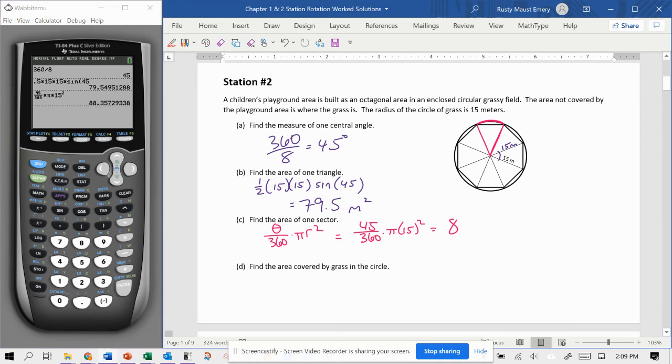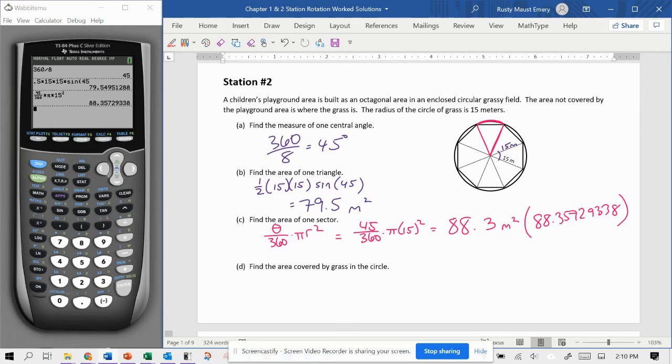So that is 88.3. And that's area, so again, that would be meters squared. Again, writing down the unrounded value is never a bad idea, especially if you have to use it in the next part.